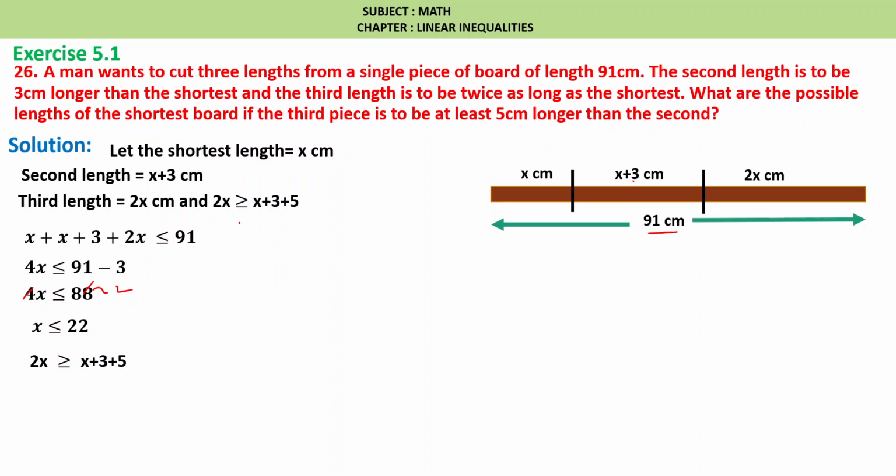But the other condition given is 2x is greater than or equal to x plus 3 plus 5, for the length of the shortest board, if the third should be at least 5 centimeters longer than the second.